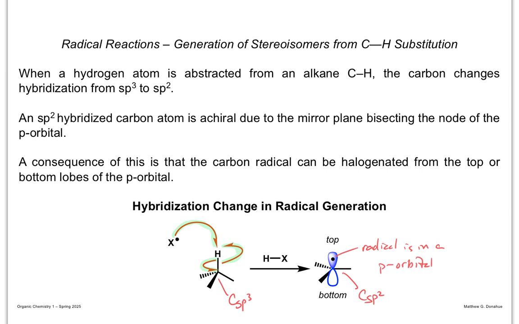Meaning that you have a top face and a bottom face. So when that radical reacts, you can get the substitution at the top or the bottom. That's why when you have a secondary radical, it substitutes, you can generate a stereocenter if you have 4 different substituents.